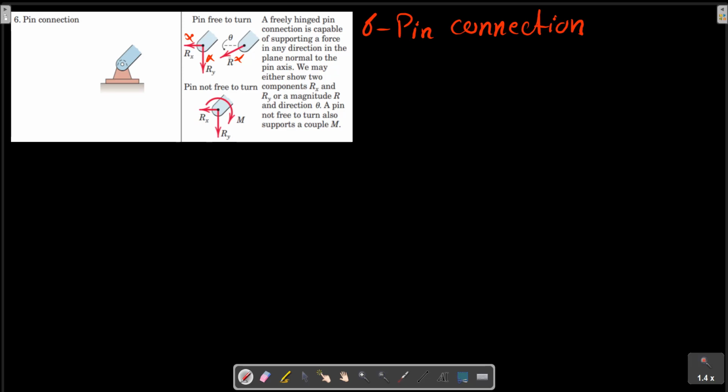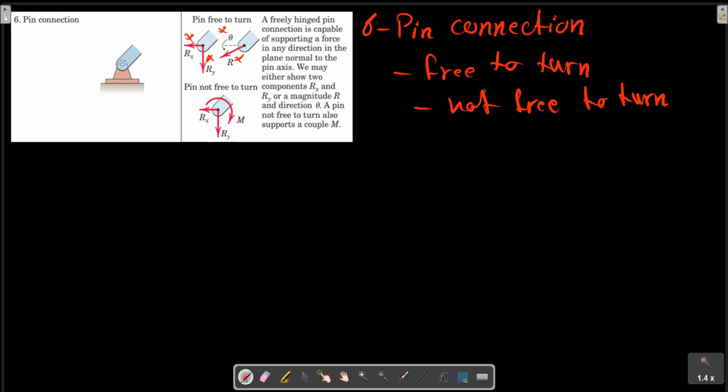If the joint is free to turn about the pin, the connection can support only the force R. If the joint is not free to turn, the connection can also support a resisting couple M, as shown in the free body diagram for this connection.